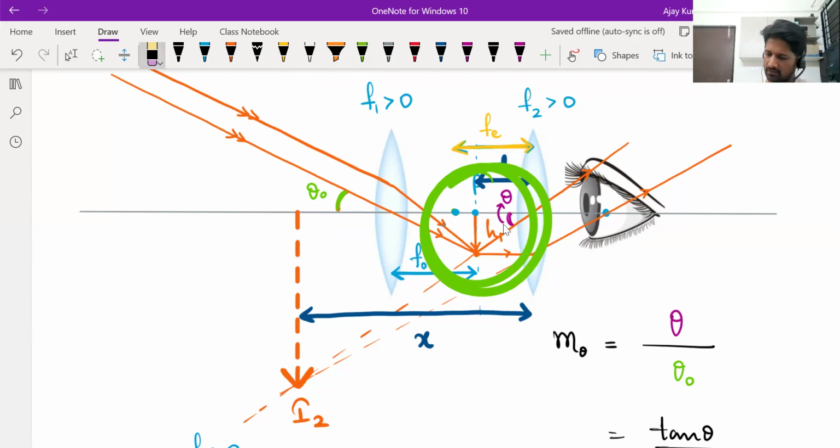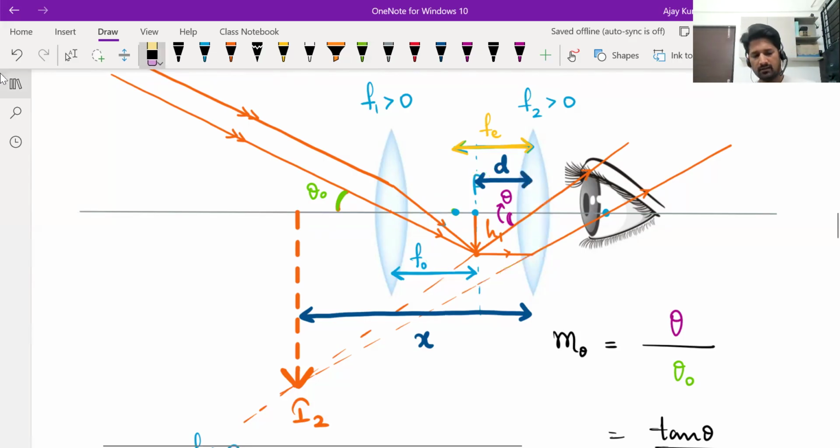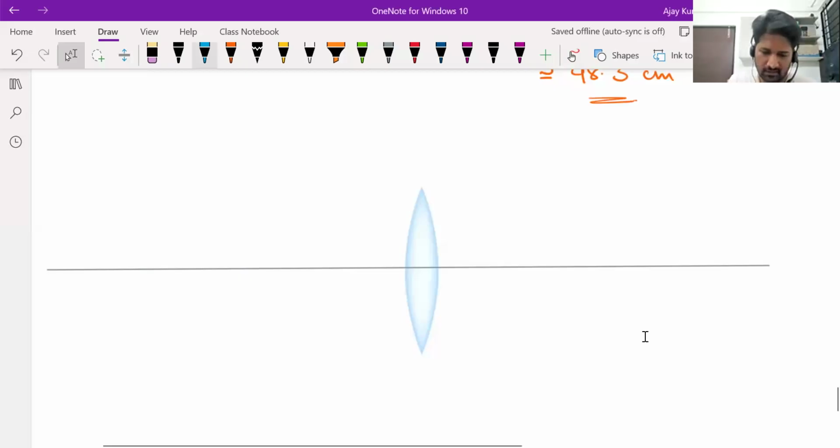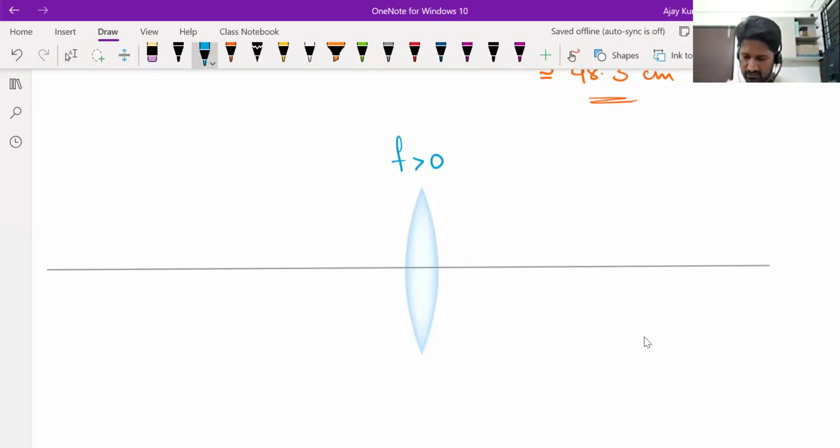Now, how is that inverting done? Again, we'll have to go back to the cases of image formation by lenses. Consider a converging lens first, positive focal length.